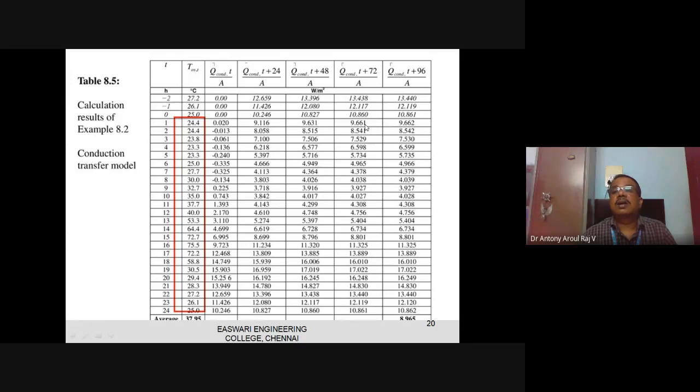Now you can see the 24th hour is 10.86 and here it is 10.861, so I'm doing it once again. Now whatever the dummy hours you have taken, it is almost the same, 10.862. That is acceptable. That depends on you. If you accept that, then it's acceptable.